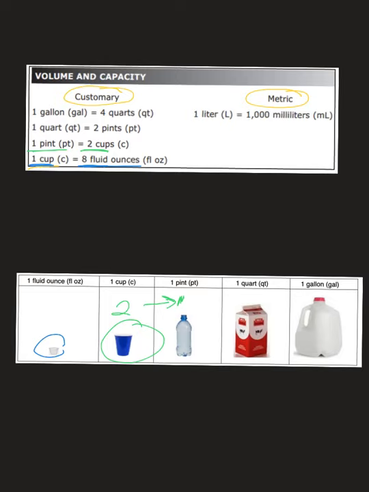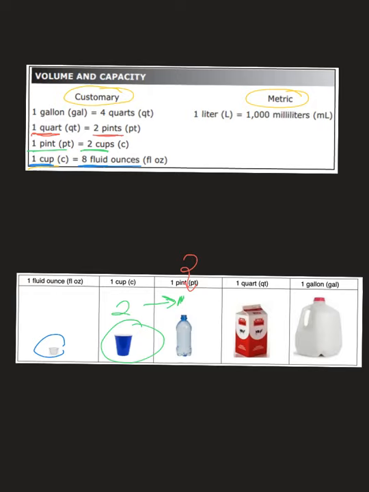So there's fluid ounces, then a cup, then a pint, and then a quart. A quart is going to equal 2 pints. So 2 of these pints, these little water bottles, is going to give you 1 quart, like a carton of milk.